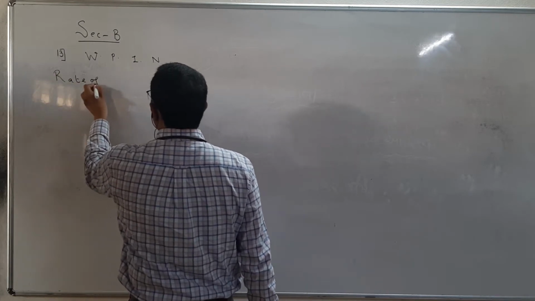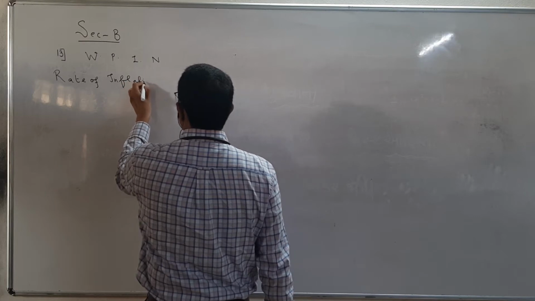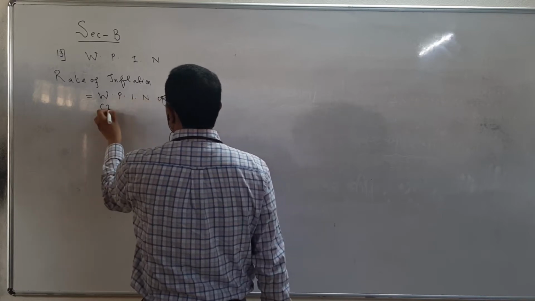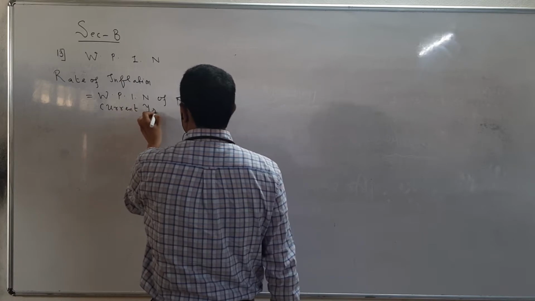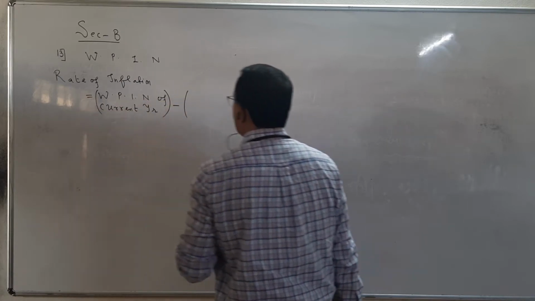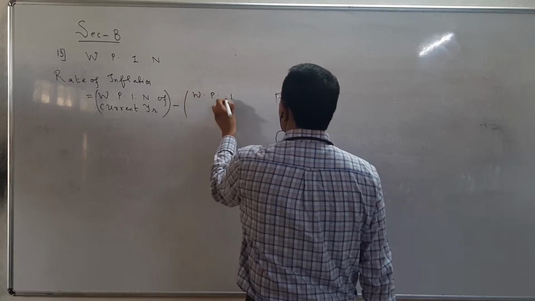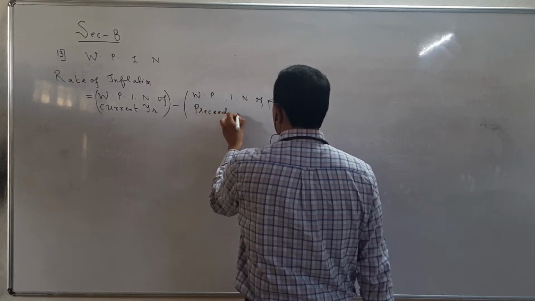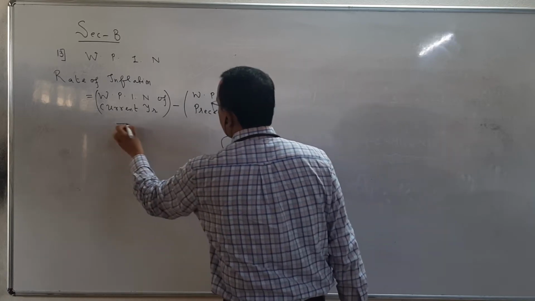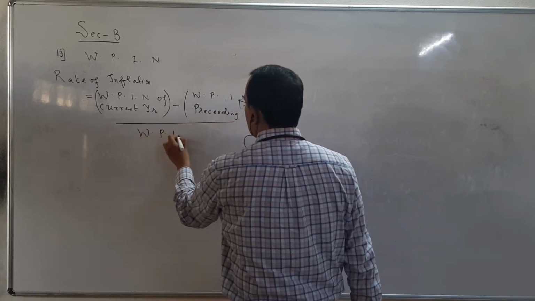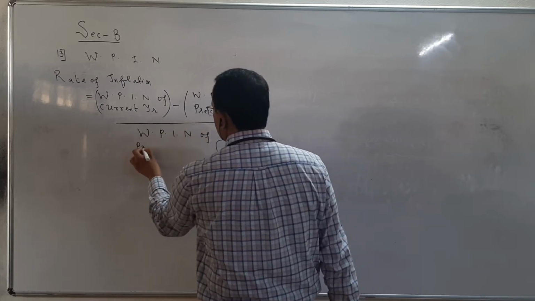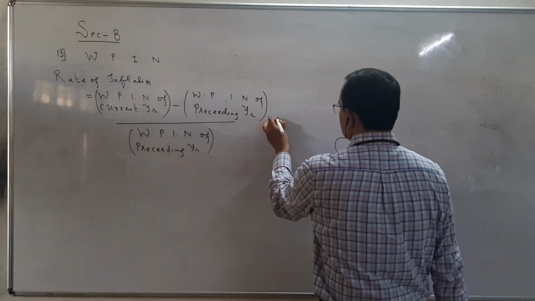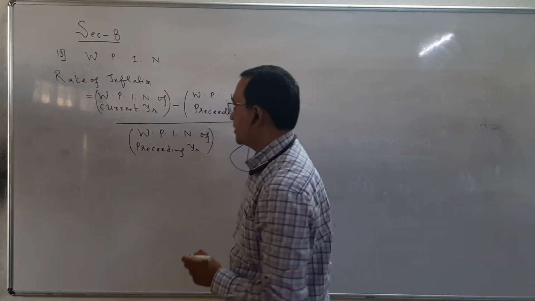So students, rate of inflation is equal to WPIN of current year minus WPIN of preceding year upon WPIN of preceding year into 100.